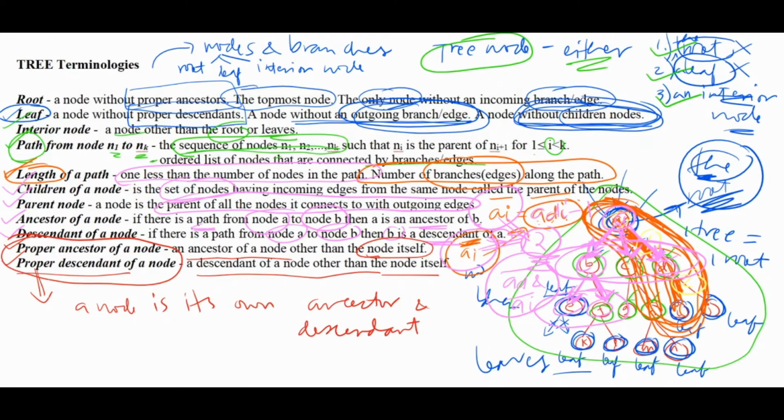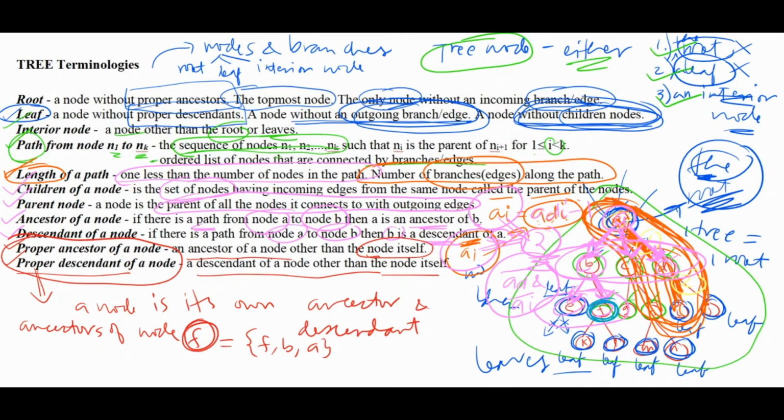So for example, if you're going to find out the ancestors of node F, these are the ancestors of node F: F, B, and A. From itself, you follow the path going up to the root, and all the nodes in that path are the ancestor nodes of the node.